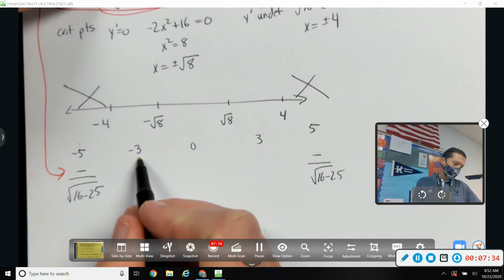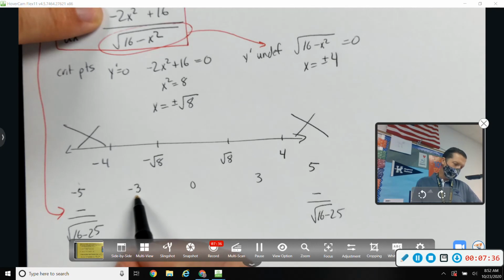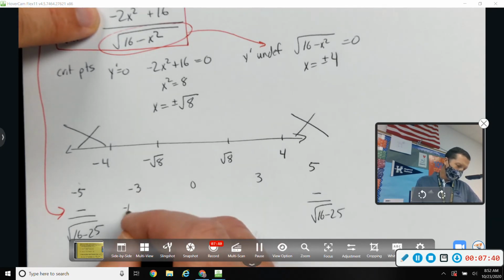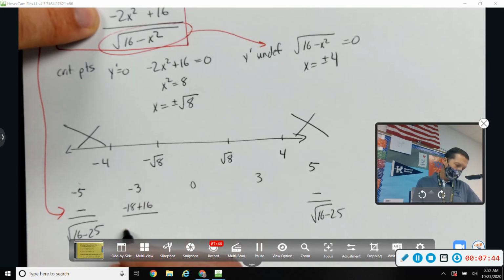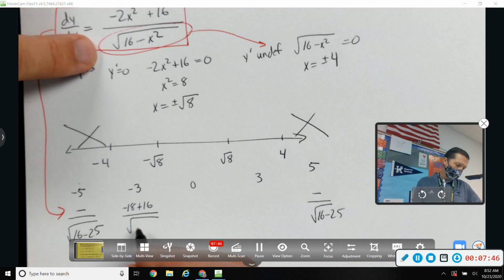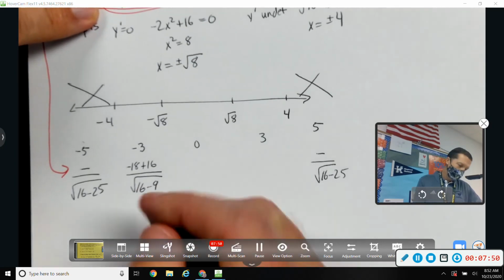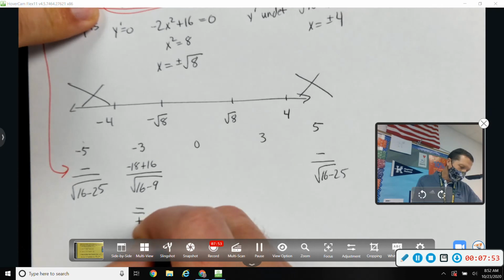Right, if we square negative 3, you get 9 times negative 2 is negative 18 plus 16, so that's negative. Square root of 16 minus 9. So negative over positive is negative.